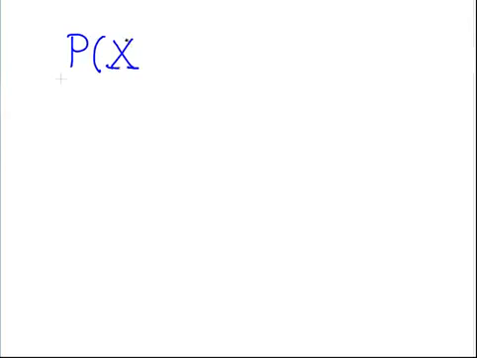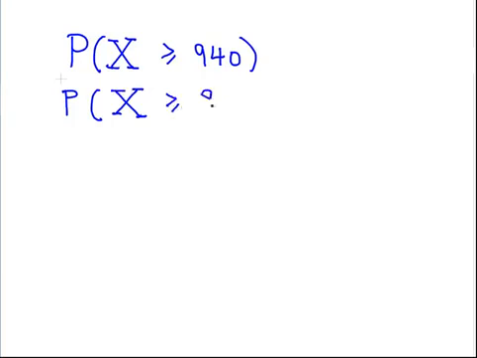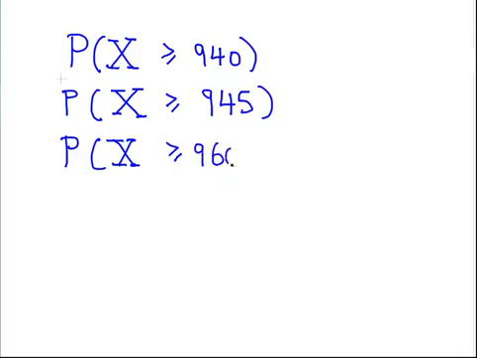We're also going to do an extra question here: calculate the probability that an Arab horse weighs more than 945 pounds, and calculate the probability that an Arab horse weighs more than 960 pounds. So we're going to ask three questions just to shake things up a bit or put you under more pressure. So 1, 2, 3.